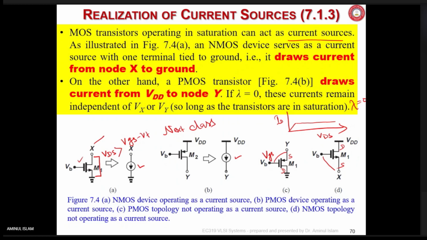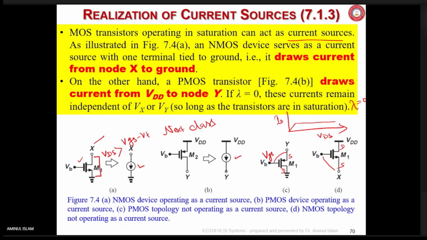It can supply a constant amount of current. Even at the end, its supply voltage may drop a little, say 1.5 volt to 1.45 volt or something like that. Still, it can supply the same amount of current.